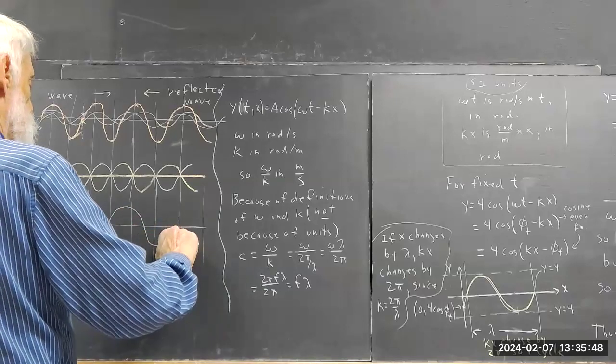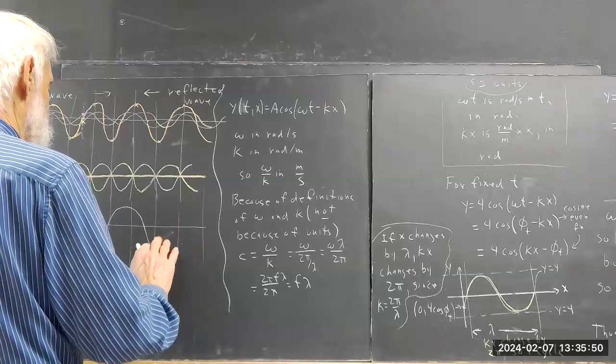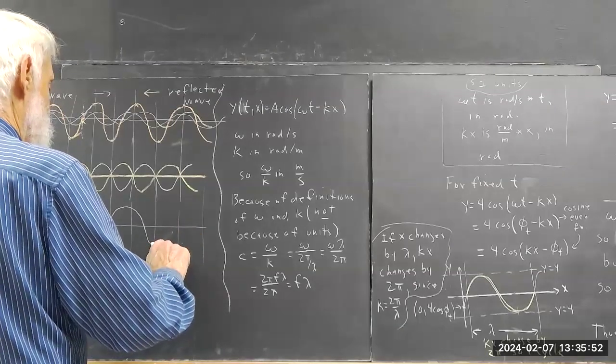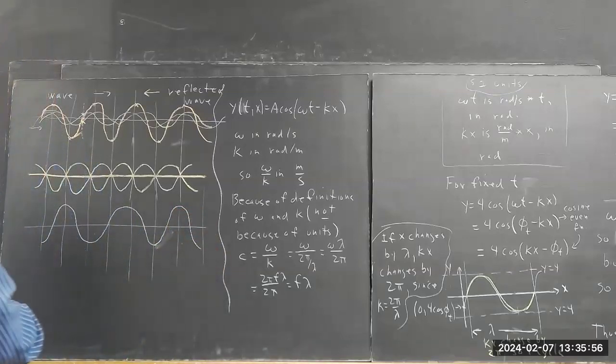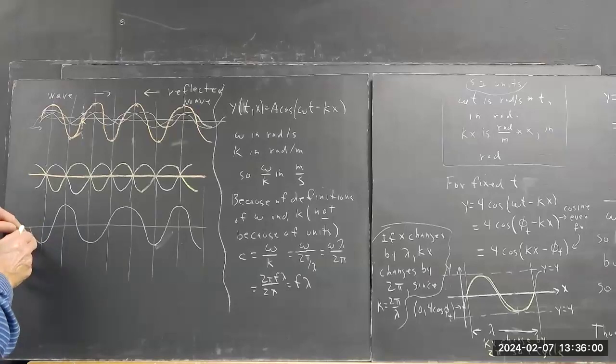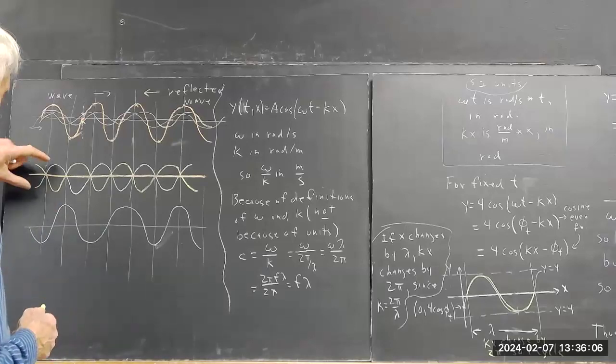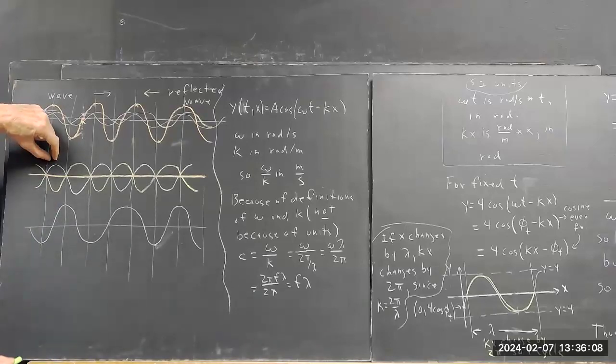Gotta be careful because it's real easy to not draw it very accurately. And of course, you're going to have this emerge from the left. Okay, so that's what happens if the white graph moves a quarter of a wavelength, half this distance, to the right.